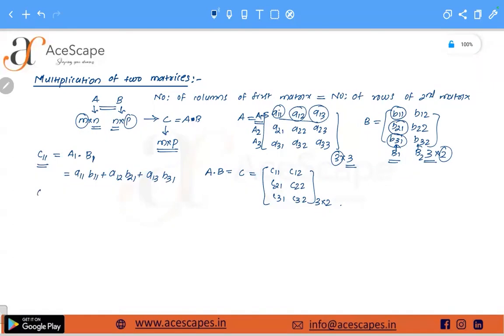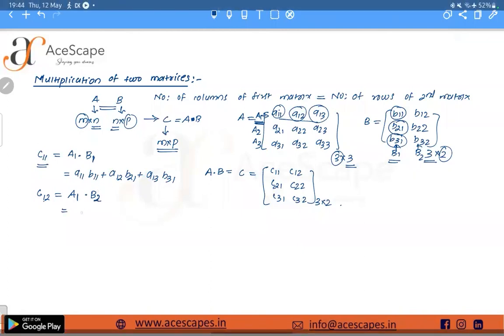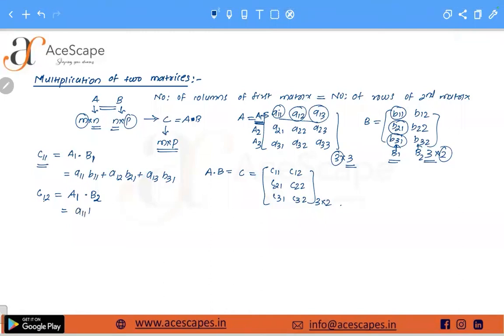Similarly, C12 is obtained by multiplying the first row of matrix A with the second column of B, which, when we multiply, gives A11 B12 plus A12 into B22 plus A13 into B32.